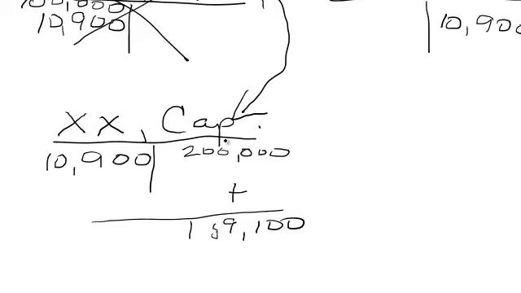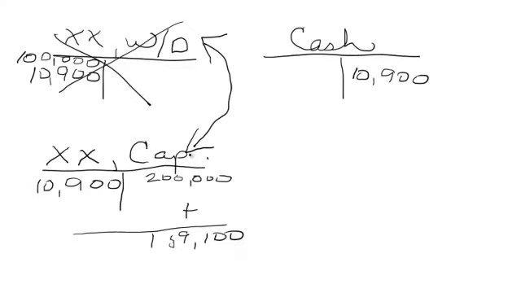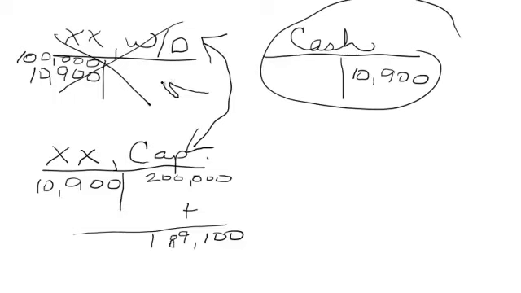So can everyone see that the capital account is also going to be understated by the $10,900, because that's bringing it down to the $189,100 balance. So sometimes it really helps. I'll throw in extra information just so that I can see a clear path. Cash was done correctly, withdrawals wasn't done, capital was done by mistake.